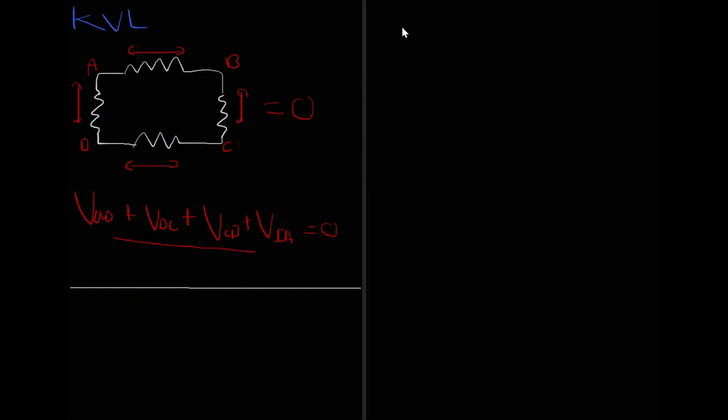So let's say that we have a battery, like here. This part is positive, and this is negative. And let's say that this is a 12-volt battery. So let's say that the current is going from low to high.